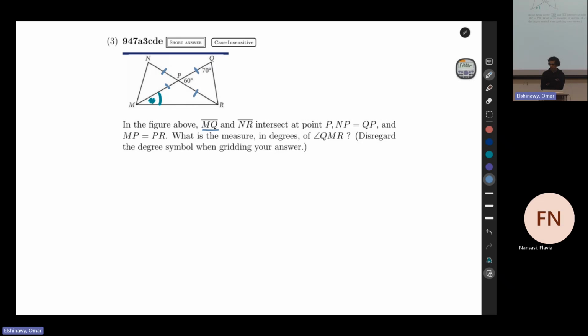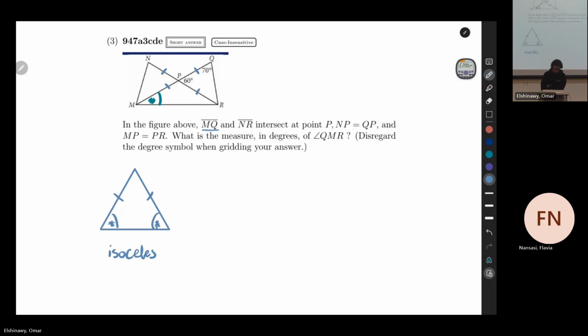Have you heard of this theorem before? If both sides are equal, then the angles opposite them are also equal. So let's say something called an isosceles triangle, where this is angle star and this is angle star.